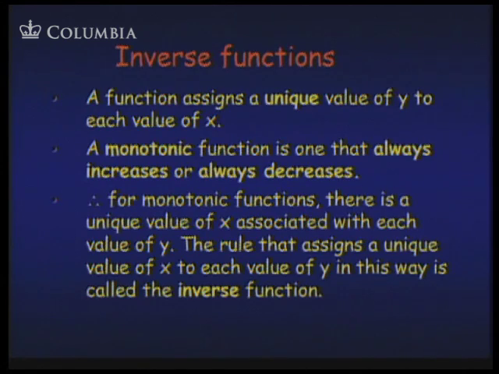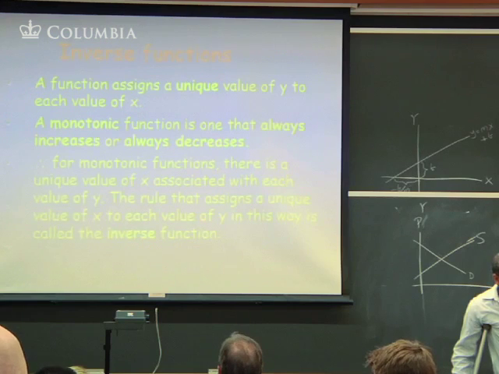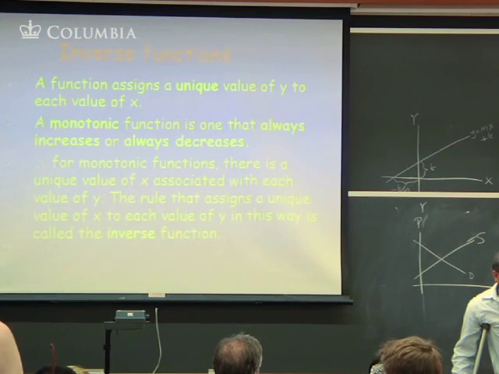Okay, so it assigns a unique value y to each value of x. It doesn't mean that each value of y has associated with it a unique value of x. Okay, so that means that two values of x could lead to the same y, but one value x is only going to give you one y.